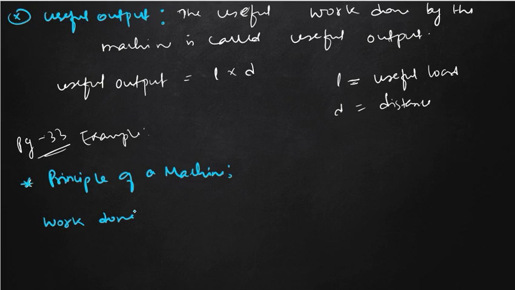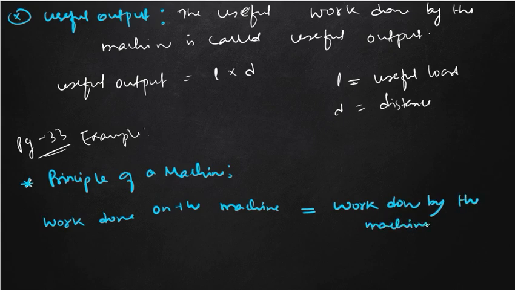So by the principle of a machine, work done on the machine is equal to work done by the machine. That means input is equal to output. This is called the principle of a machine.